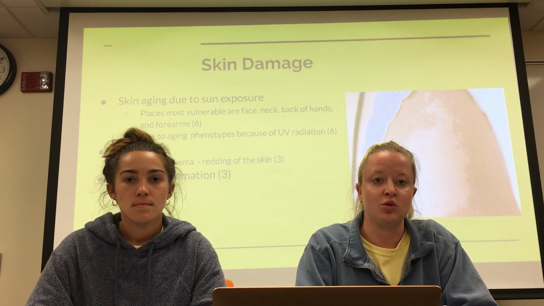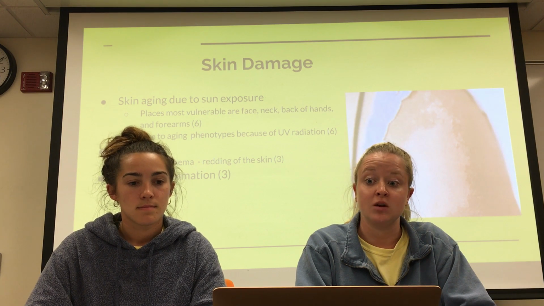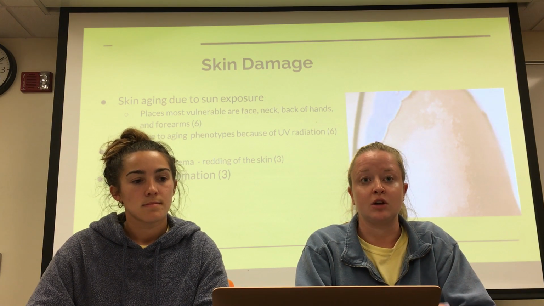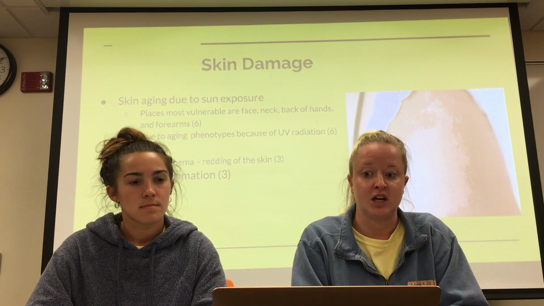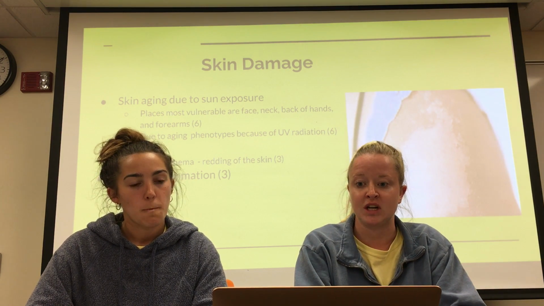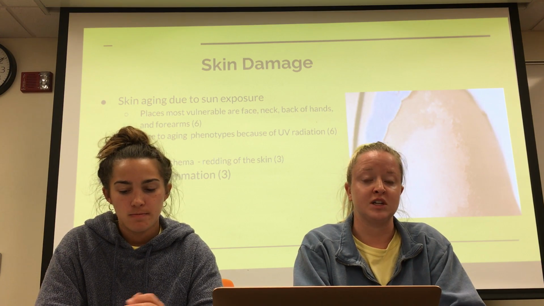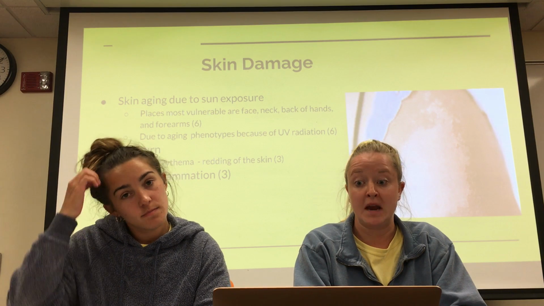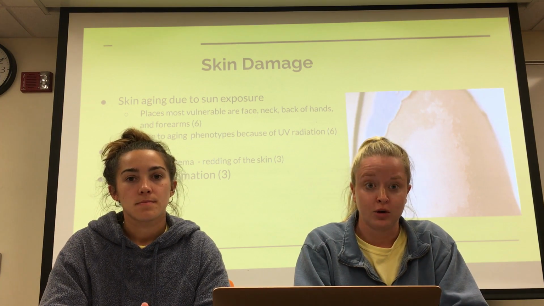This is usually due to radiation from the sun, which causes the aging phenotypes, and this also increases with time. As you increase your sun exposure, it increases the aging of your phenotypes, which can lead to wrinkling and also decreased function of the two main functions of your skin, which are barrier and thermoregulation.